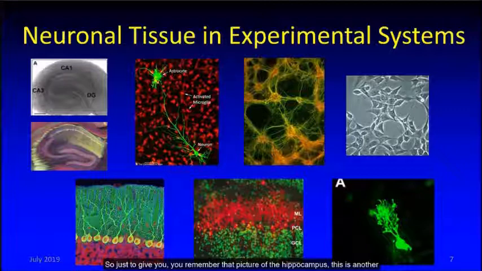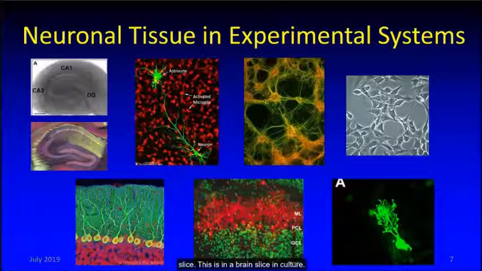Just to give you, you'll remember that picture of the hippocampus. This is another slice, a brain slice in culture. So you see a neuron, here is an astrocyte. That's all great, but here are activated microglia cells. Microglia cells are part of the innate immune system in the brain. They respond very rapidly to insults.